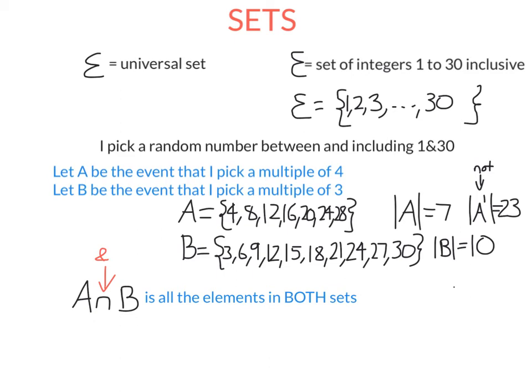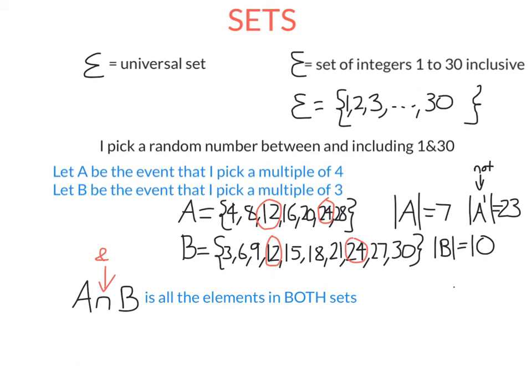Let's go ahead and look at which of these numbers would be in A and B. Well, we can't put 4 in there. 4 is in A, but it's not in B. We're only looking for ones that are in both. The ones that are in both are 12 and 24.